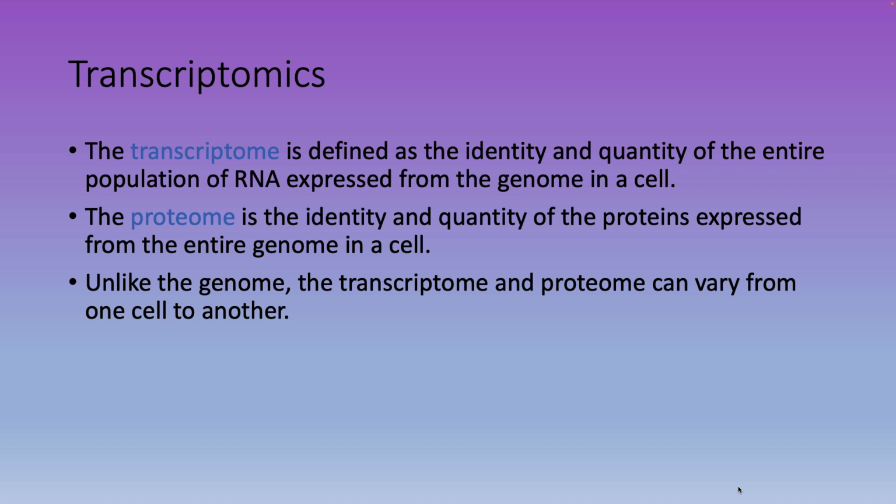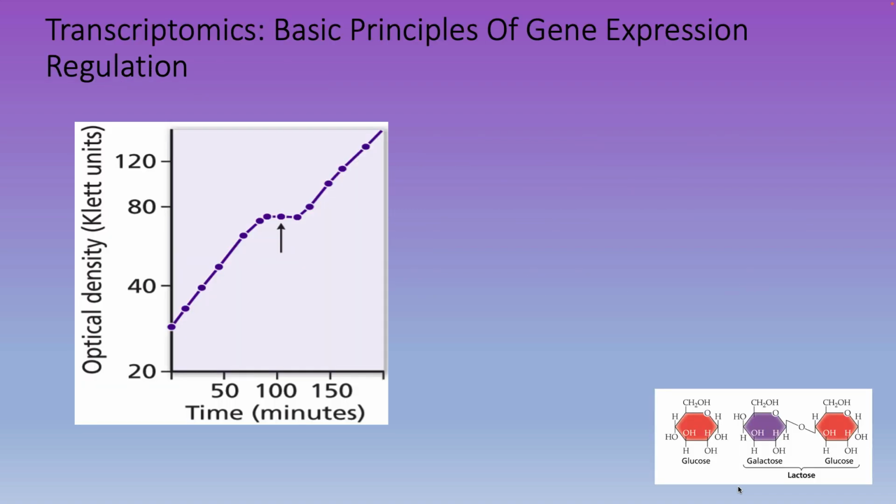The proteome would be the identity and quantity of all the proteins expressed from an entire genome in a cell or a sample of cells. And as identified in the previous slide, unlike a genome, these patterns of transcriptomes and proteomes can really vary from one cell to another depending upon the functional phenotype of that cell.